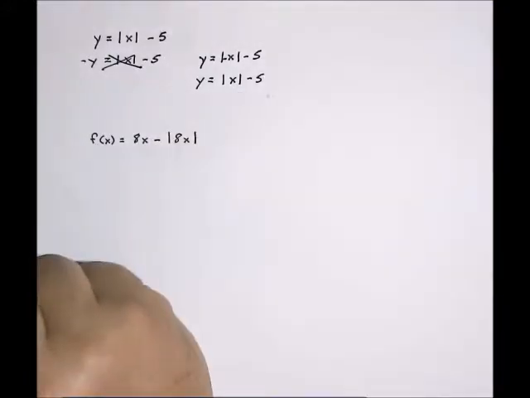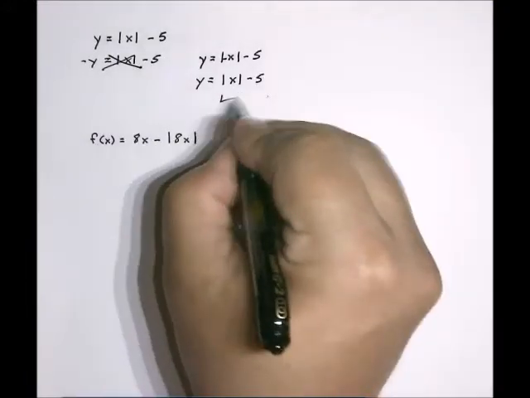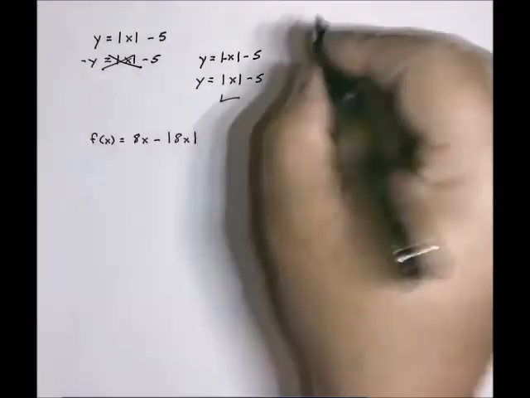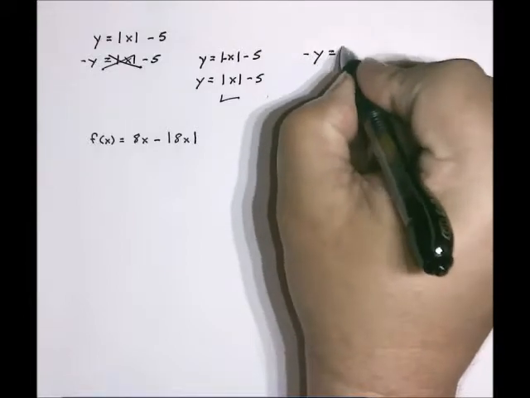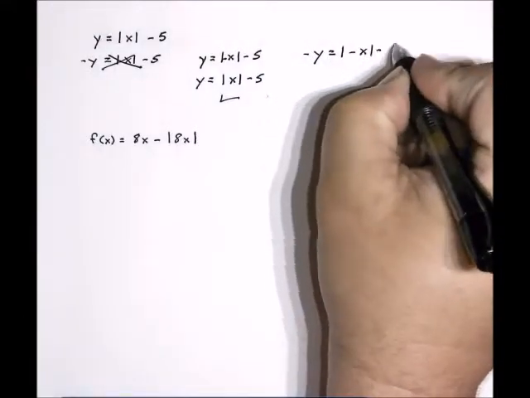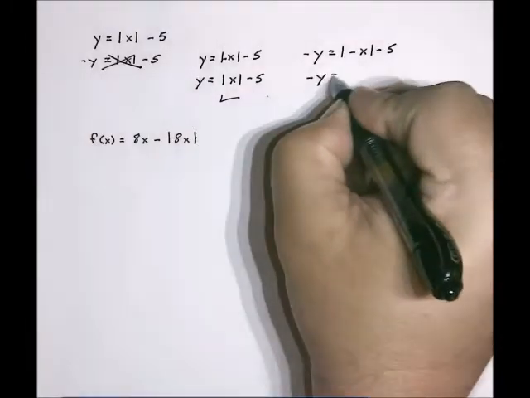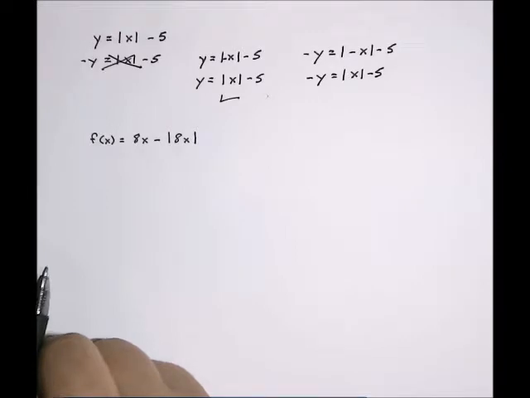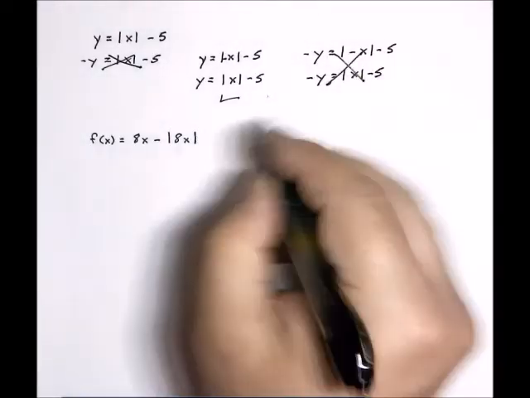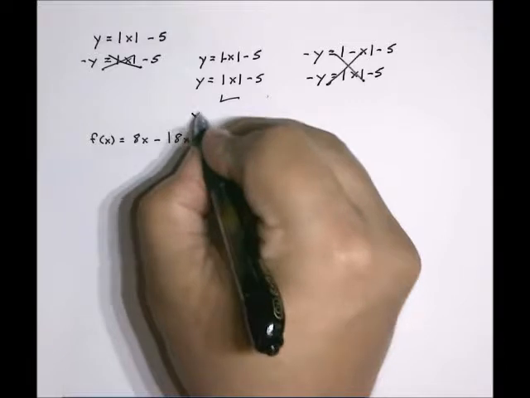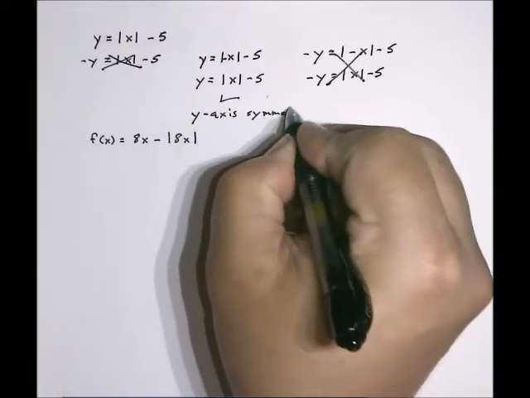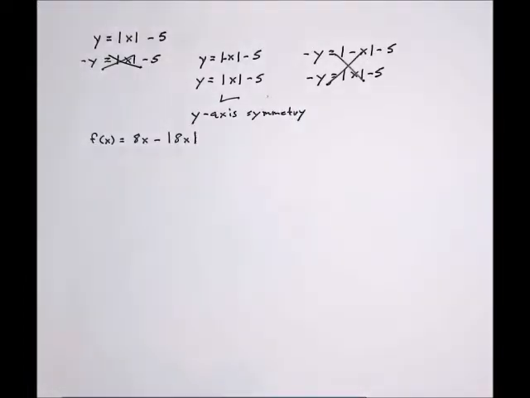And I do get the same function out, so I do have y-axis symmetry. Now, let's just try origin symmetry. And I do not get the same function out, so it does not have origin symmetry. We do have y-axis symmetry, though. So the function y equals absolute value of x minus 5 has y-axis symmetry.